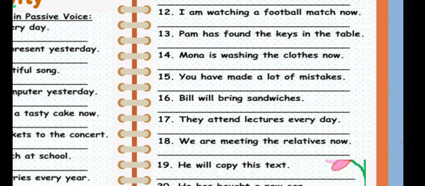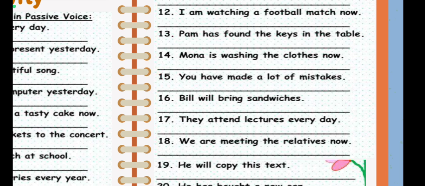That's good. Just remember the clothes is plural. Okay, the clothes are being washed now by Mona. It's good.